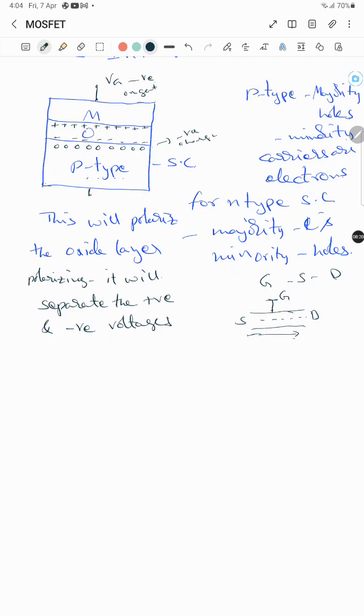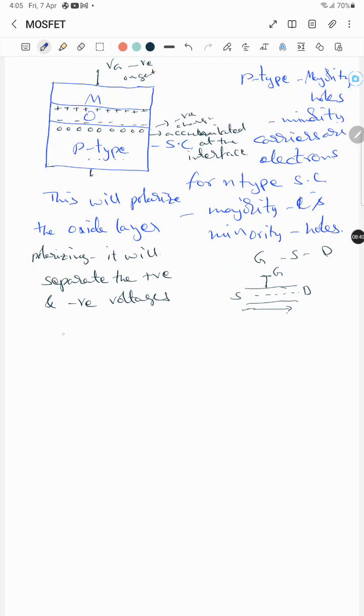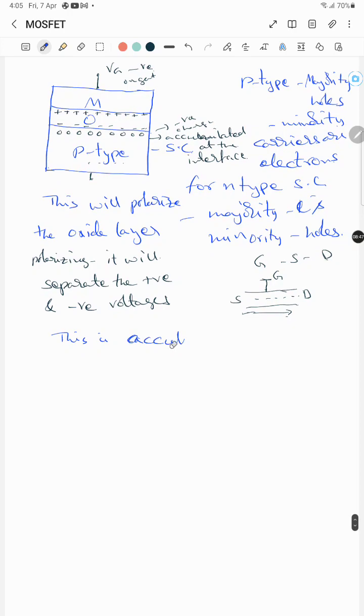That means holes are accumulated at the interface. And this is called accumulation of holes.